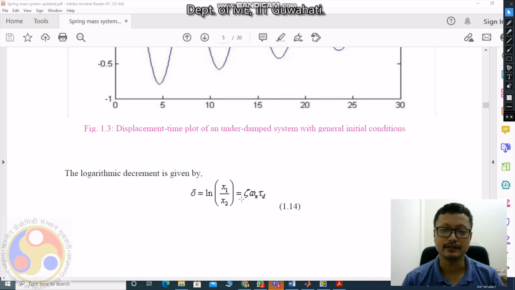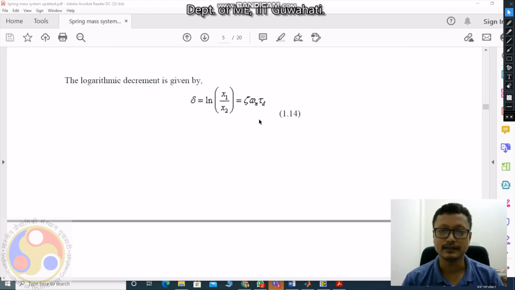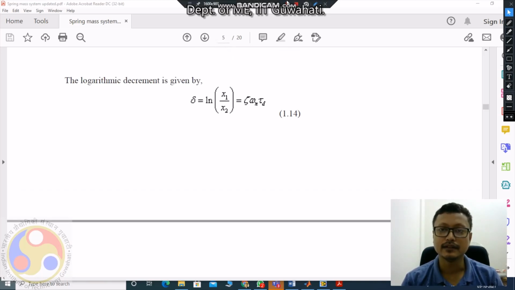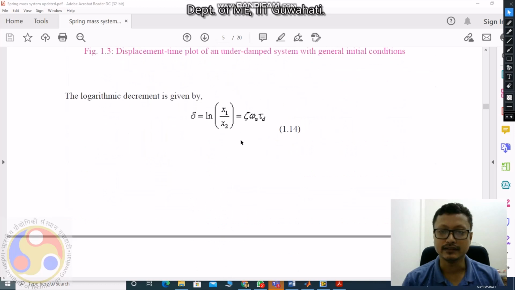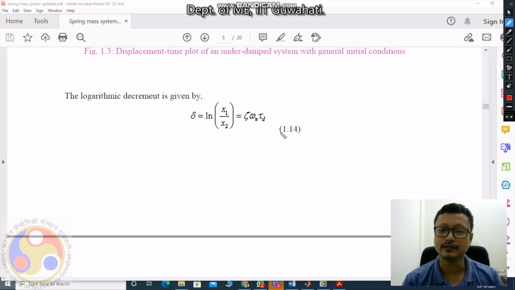Then the natural frequency is related to the time period of oscillation. This is called the time period of oscillation.